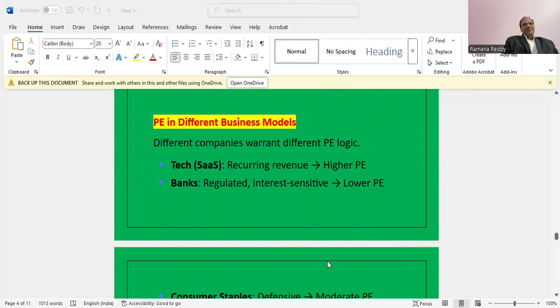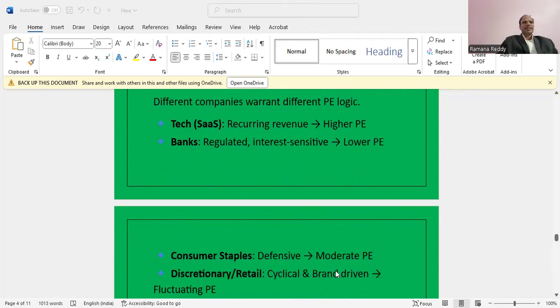So in different business models, different companies warrant different PE logic. Tech companies, recurring revenue, higher PE. Banks, regulated, interest sensitive, so lower PE. Consumer staples, defensive, moderate PE.